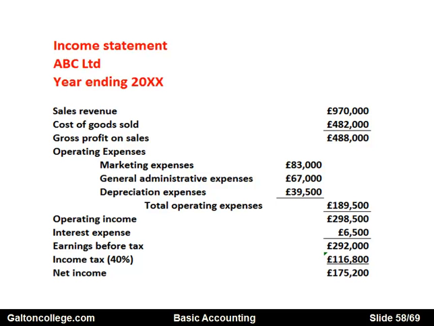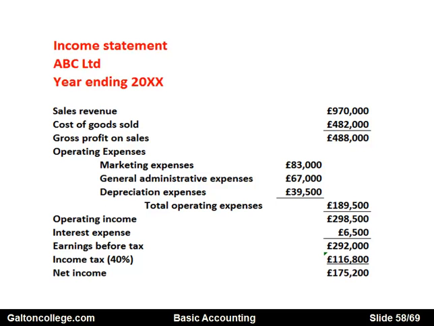Now that gross profit, we have to take away the operating expenses. These would be the expenses of the business, which in this case the operating expenses amount to 189,500. So the operating income is now down to 298,500, which is 488,000 less 189,500, giving us 298,500.